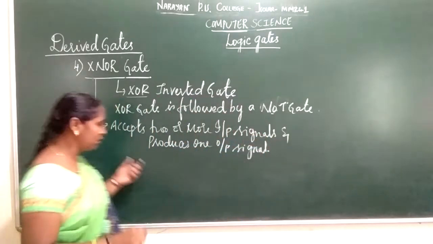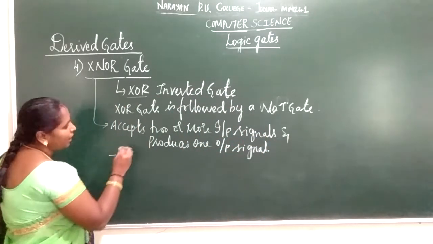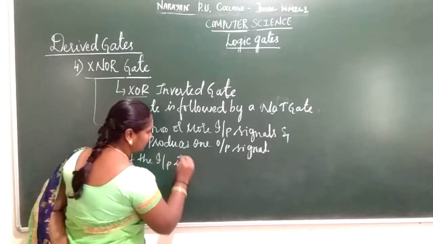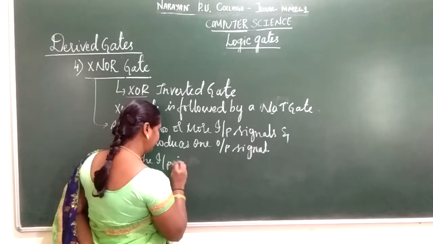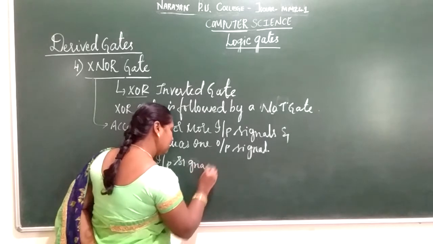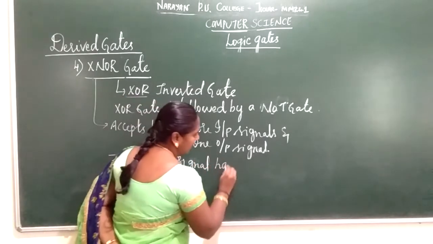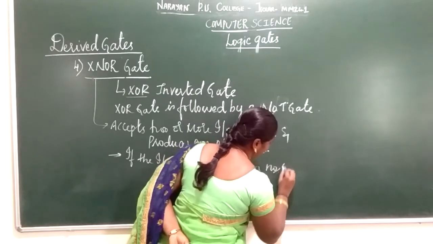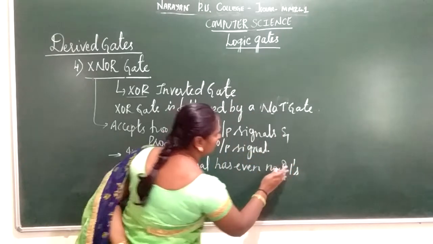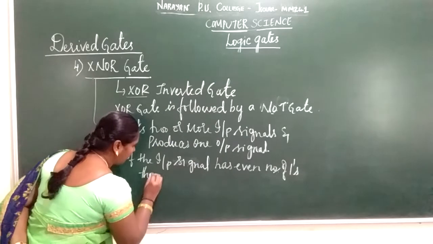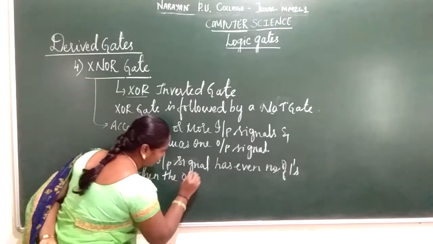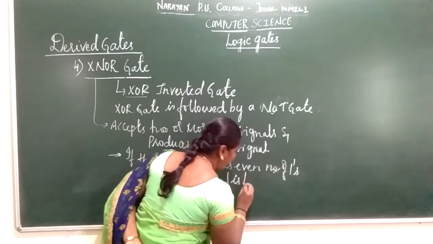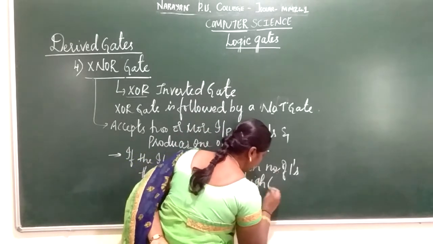The output produced is based on the inputs: if the input signal has an even number of ones, then the output signal is high, that is 1.